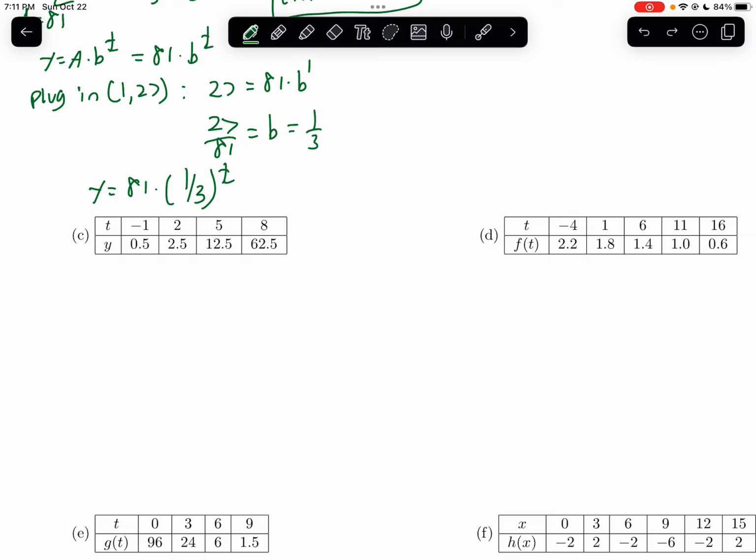So first, your inputs are evenly spaced by 3. -1 to 2, 2 to 5, 5 to 8, adding plus 3. So we have evenly spaced inputs. Checks that condition. Here you're multiplying by 5.